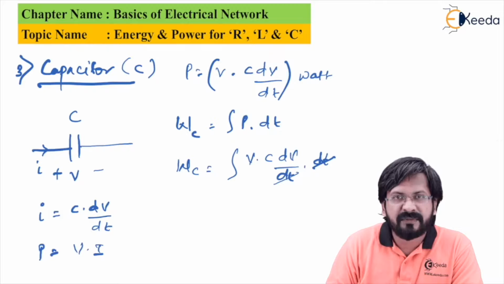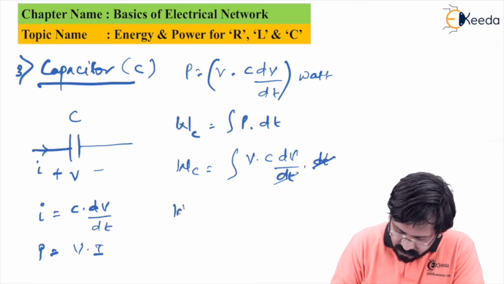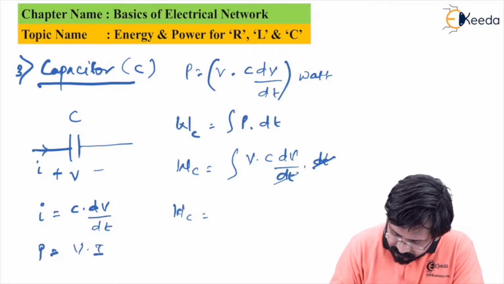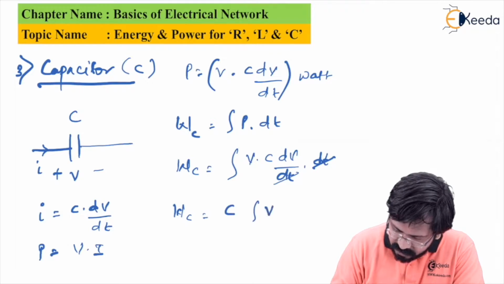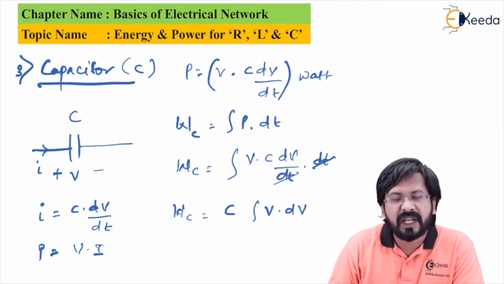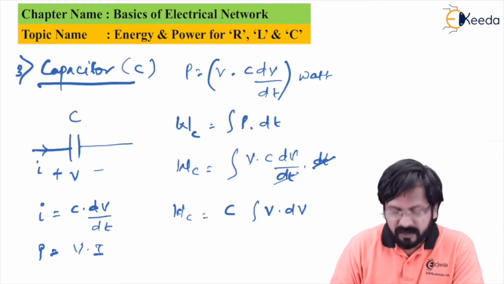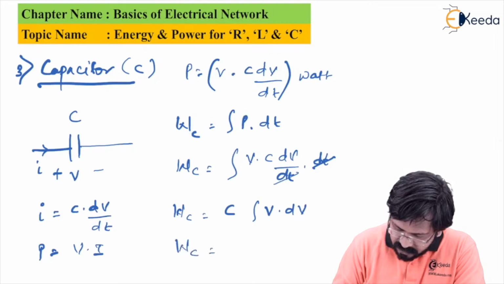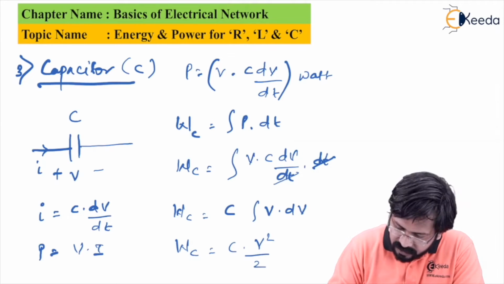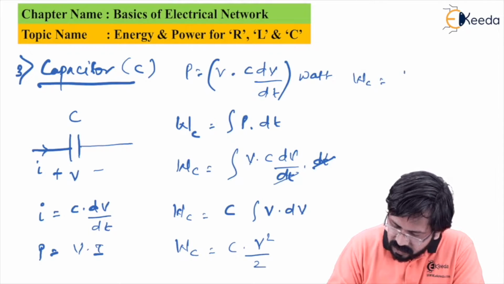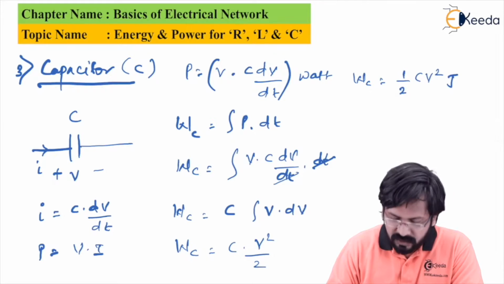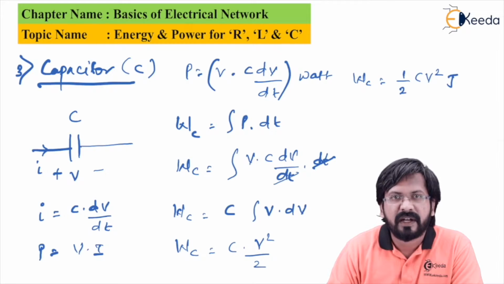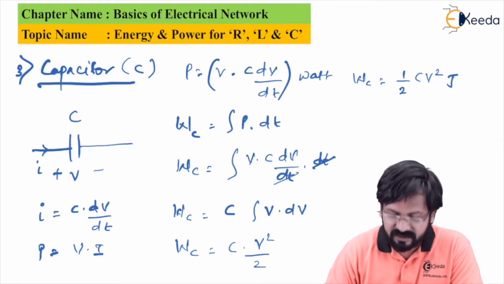C is a capacitor in farad, independent of V, we can take it out. So WC is equal to C into integration of V dV. So integration of V dV can be taken as V square by 2. So WC is equal to C times V square by 2. Finally, we can write WC is equal to half C V square. Again, the unit is joules. So this is how we deal with power and energy calculation for capacitor.